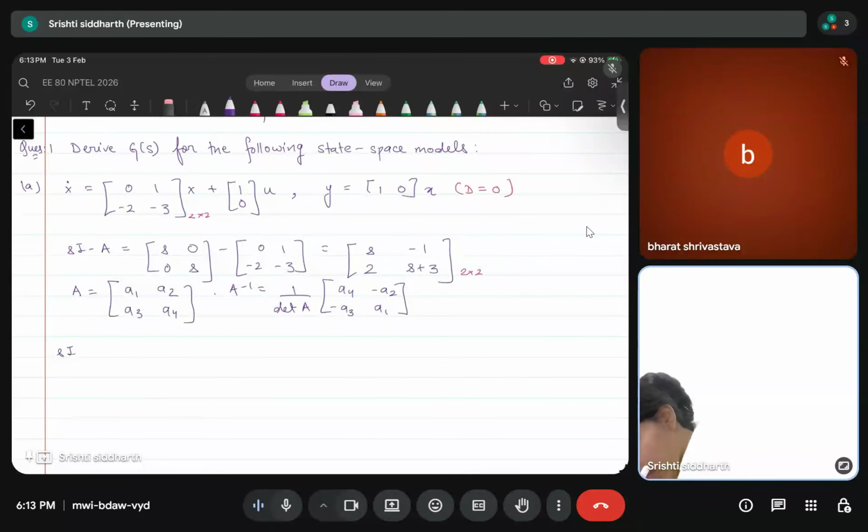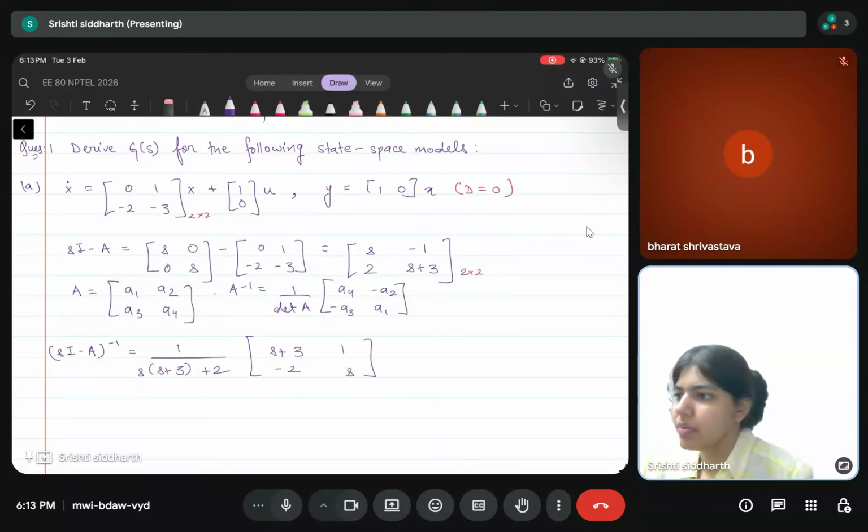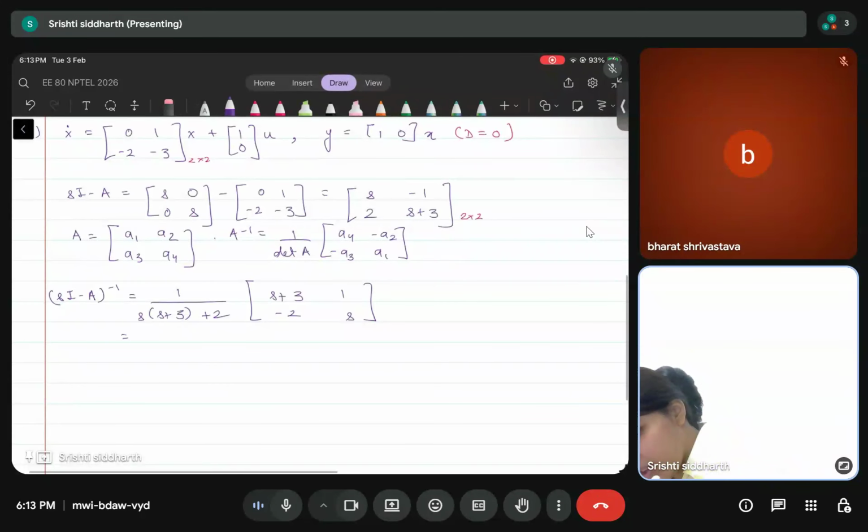Applying this rule, we have sI minus A inverse is 1 upon (s plus 3 s plus 2), times [s plus 3, 1; -2, s].